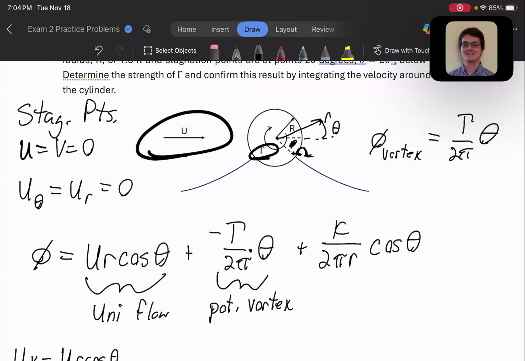The cylinder. Yeah. General rule of thumb, cylinder equals doublet.